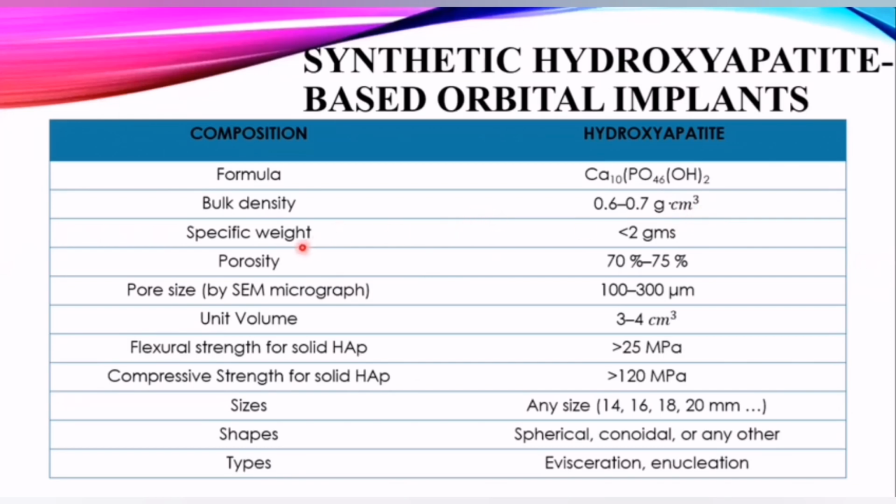The specific weight is less than 2 grams. The porosity is from 70% to 75%. The pore size by SEM micrograph is from 100 to 300 micrometer. The unit volume is from 3 to 4 cubic centimeters.